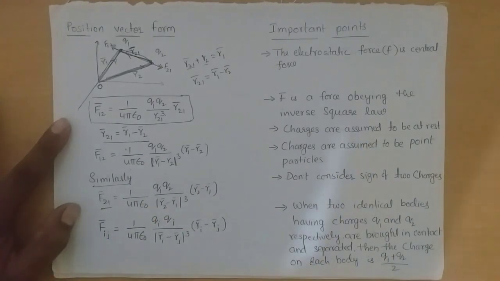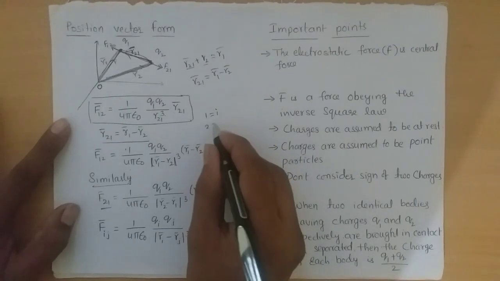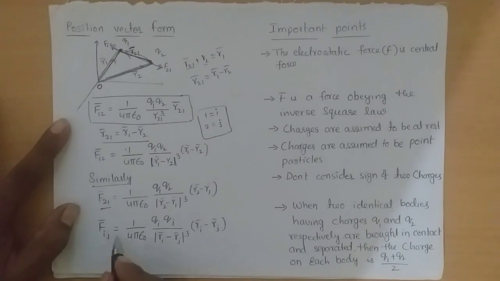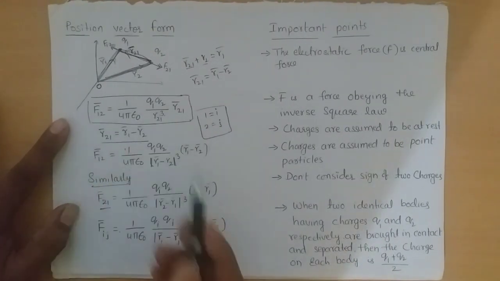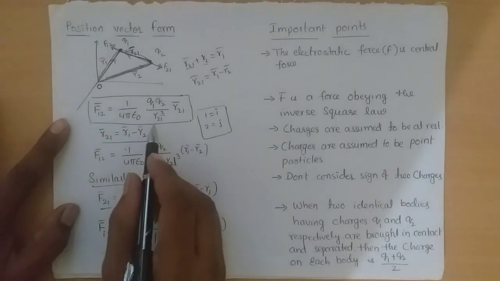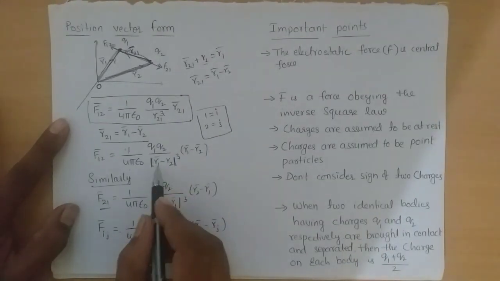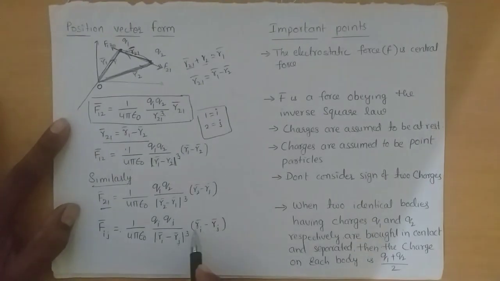In general, the first one I am using as i and the second as j. So in the general form I am writing Fij equals 1 by 4 pi epsilon, Qi into Qj by the magnitude of Ri minus Rj cube, into the vector Ri minus Rj.